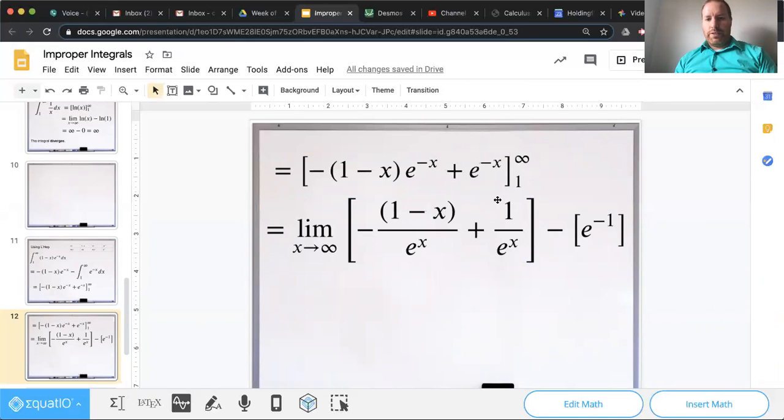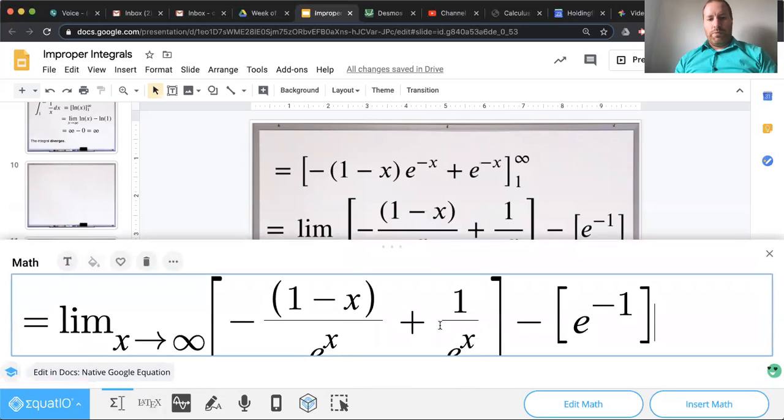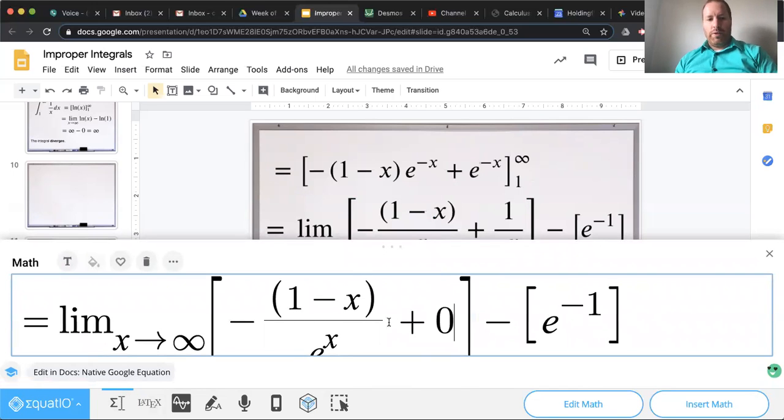This one here becomes 0 because if we let x get very, very large, the denominator pretty much gets really big, so this part becomes 0. And this one here is infinity over infinity, or actually, negative infinity, so those go away. So in this case, this part becomes 0.